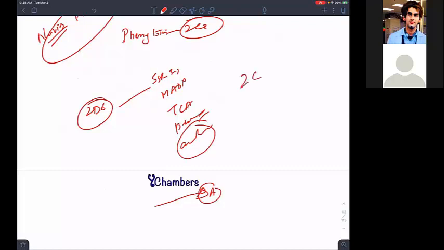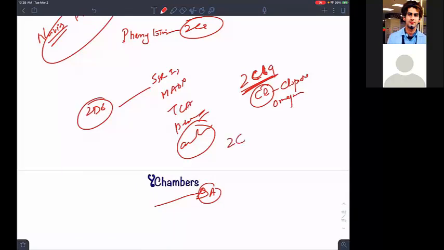If you talk about 2C19, now see how to remember the 2C19 substrates. Cl means clopidogrel. Are you able to understand? Clopidogrel and omeprazole, a proton pump inhibitor, isn't it?